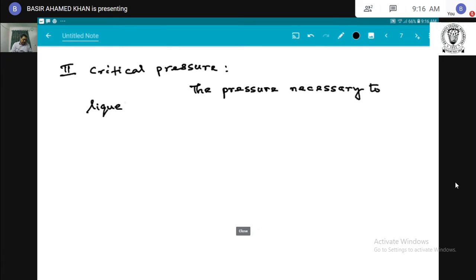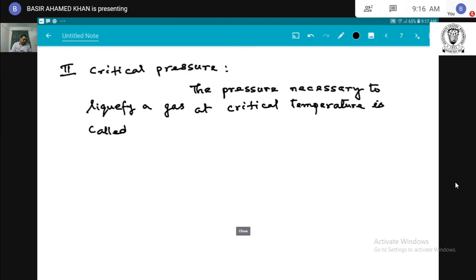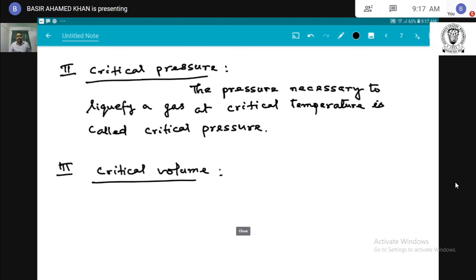Critical pressure is the pressure necessary to liquefy a gas at the critical temperature. So the pressure necessary to liquefy a gas at the critical temperature is called the critical pressure.